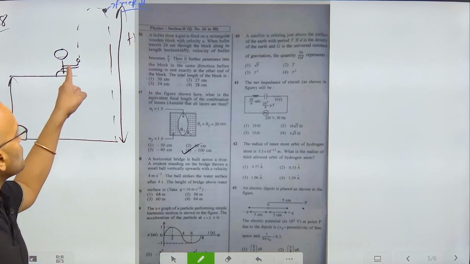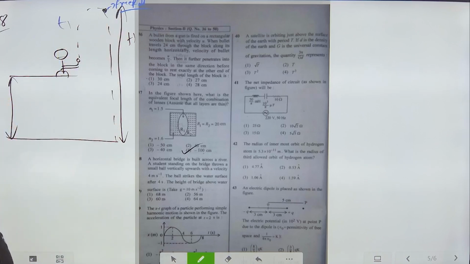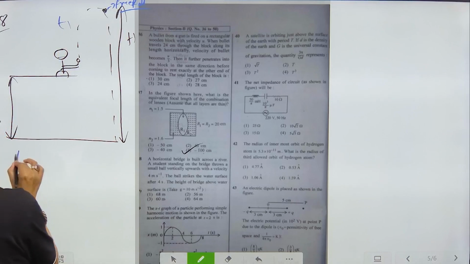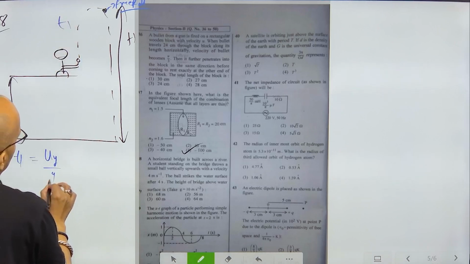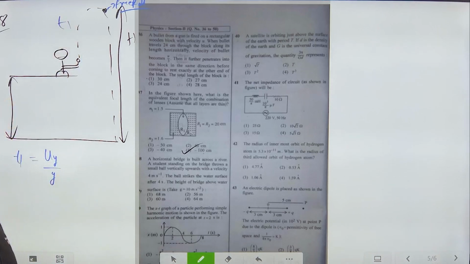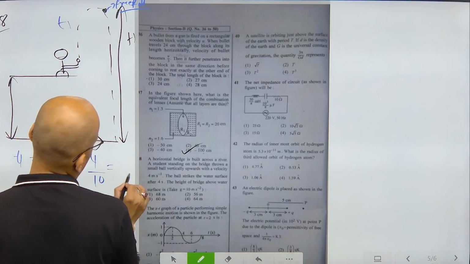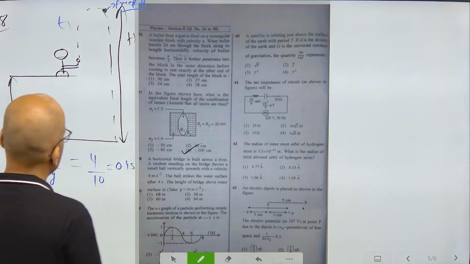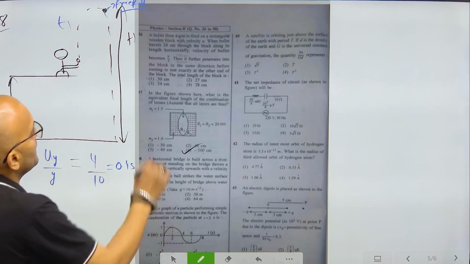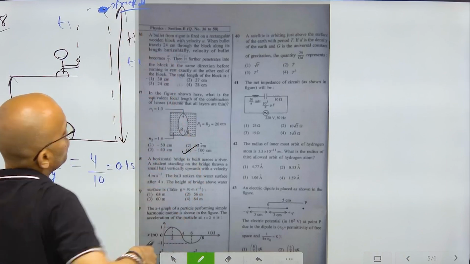So first the ball is going to move up. Let us say t1 time is taken by the ball to move up. How is t1 given? Time t1 will be velocity along y-axis upon g. Direct formula is there. This is given as 4, g is 10, so 2 by 5, 0.4. So 0.4 seconds it is. Let T2 be the time when the ball reaches the top and then it is falling down, doing free fall.